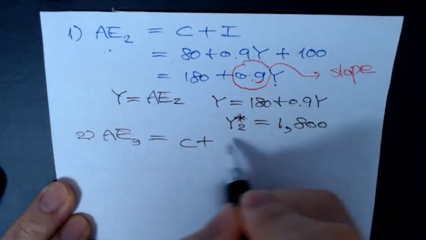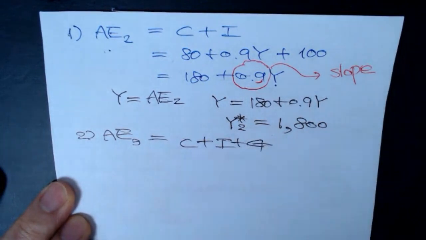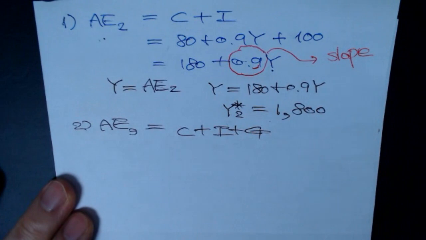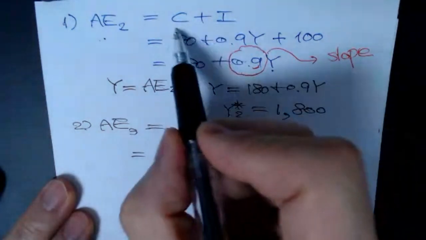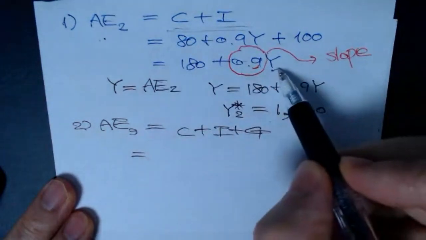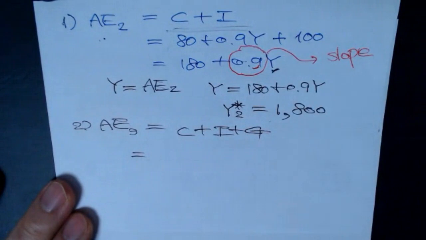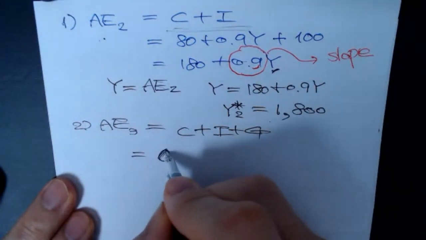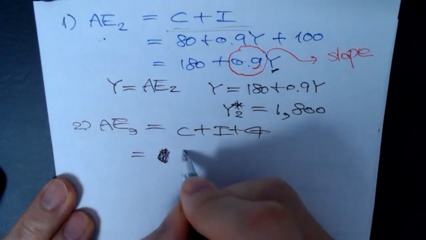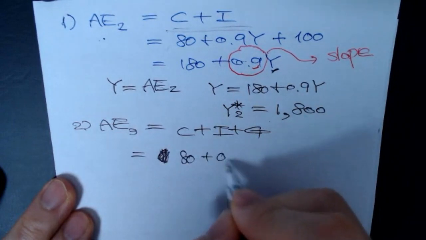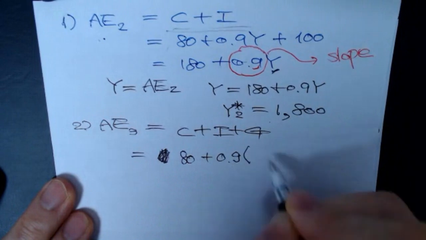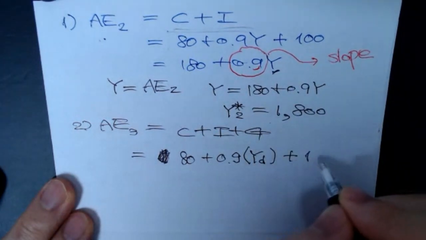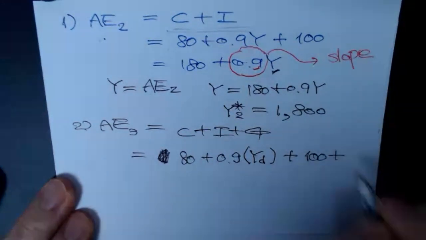Now we have C, I and G, but the calculation is not as straightforward as we write here. We still have the same C and I, but now we turn Y into YD. So C was 80 plus 0.9YD, plus investment 100.